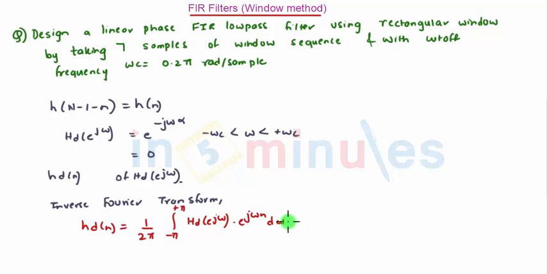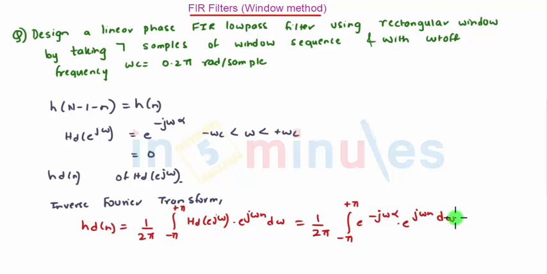Now, Hd of e raised to j omega is e raised to minus j omega alpha. We substitute here, and finally we get 1 by 2 pi integration from minus pi to plus pi of e raised to minus j alpha omega into e raised to j omega n d omega.